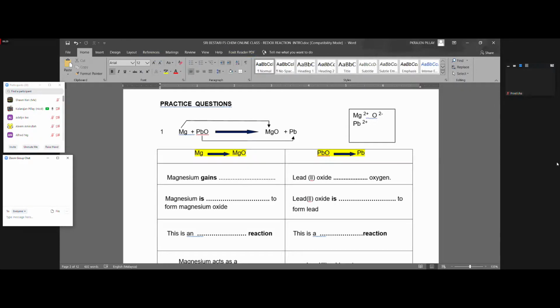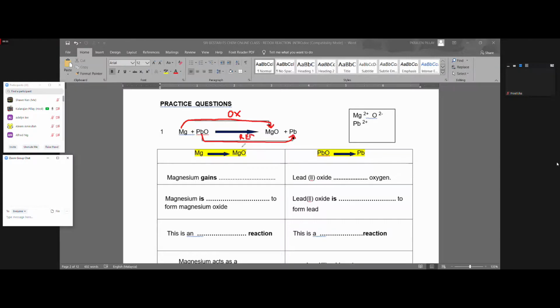You see here, Mg is becoming MgO. Is that correct? So this process is oxidation. You can write that down first. And then PbO becoming Pb. This process is reduction. So I'm going to put RED, correct? So this is reduction because it's losing oxygen.